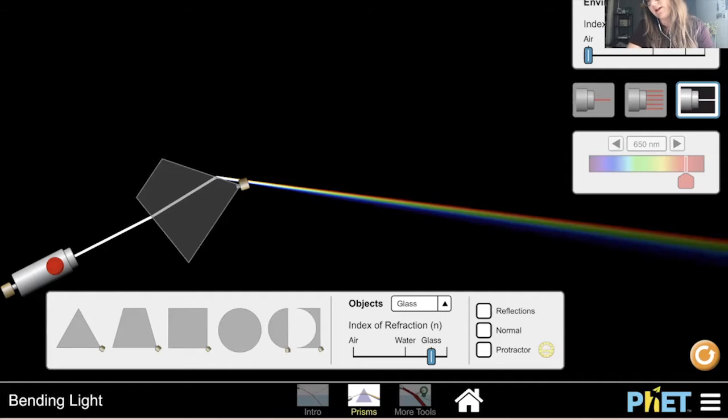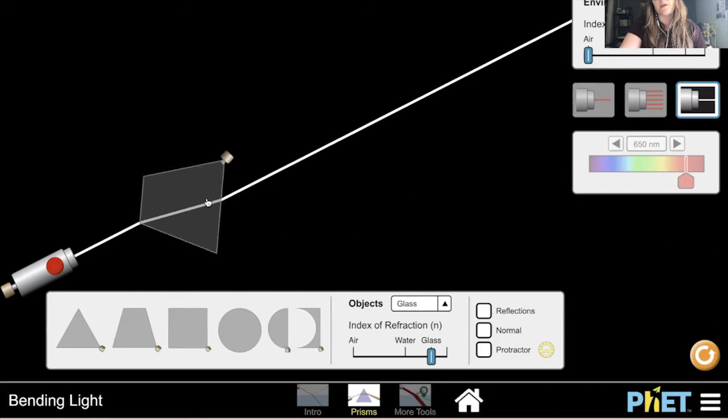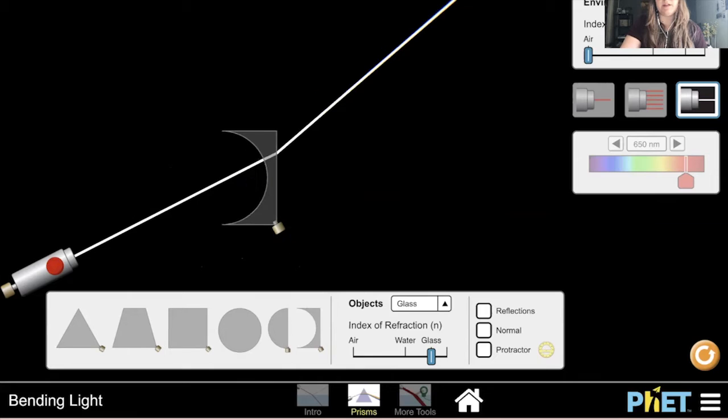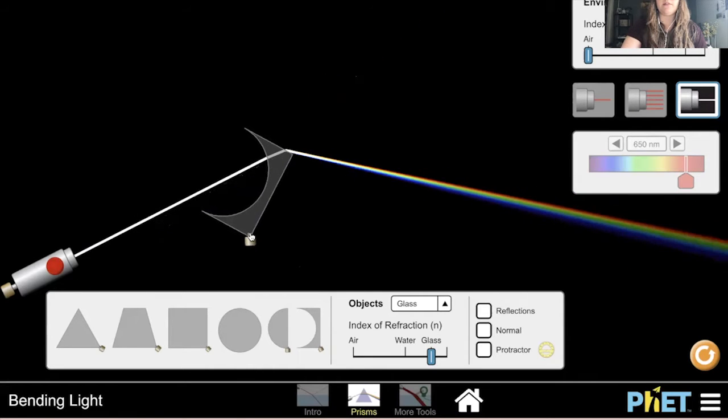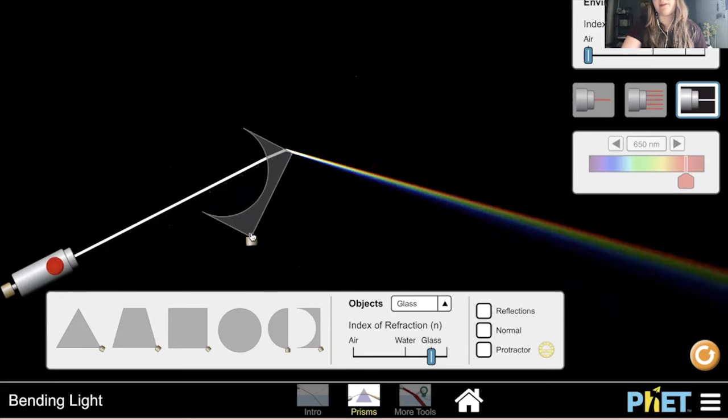And so you can see actually a clear definition between red, yellow, green, and blue. But there are colors in between there. And then you can also see it like here. And there we go, right there.